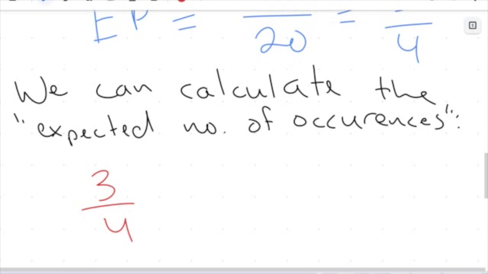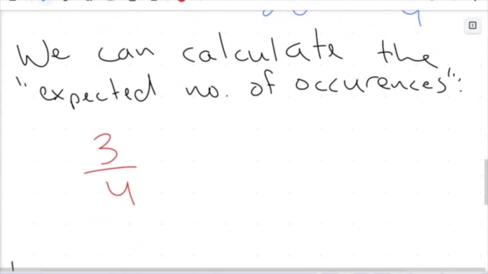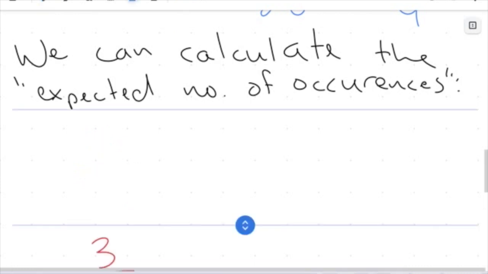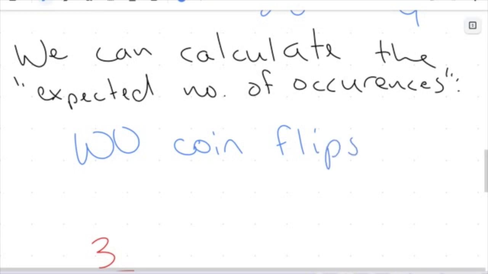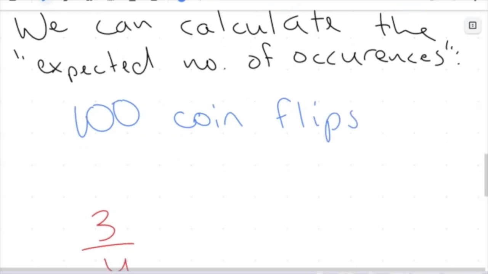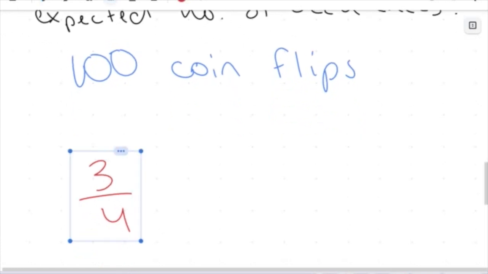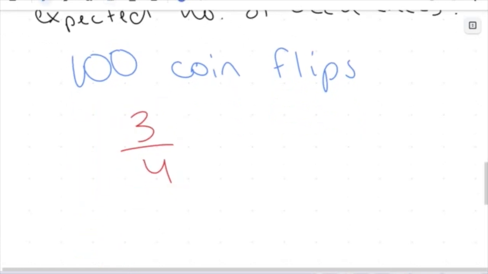And if I wanted to say, okay, I'm using this data, so these 20 coin flips, to try to apply this to, let's say, 100 coin flips, or 1,000 coin flips, or anything, right? In order to do this, I want to first consider the total amount of coin flips I'm doing.